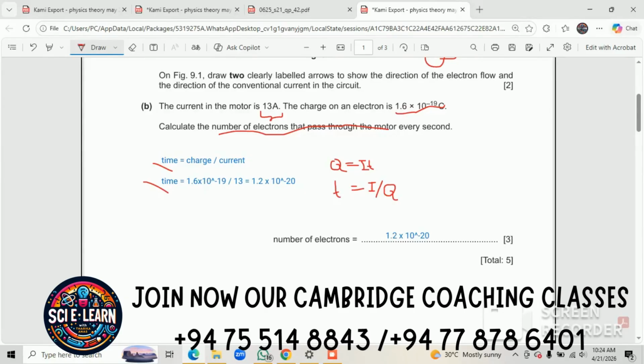Somehow I won't be able to give you even 1 mark, because first you have to write down the equation, then the substitution, then the answer. That's how the 3 marks allocated for this question are divided. But even the first equation would be time equals current divided by charge, current over charge.